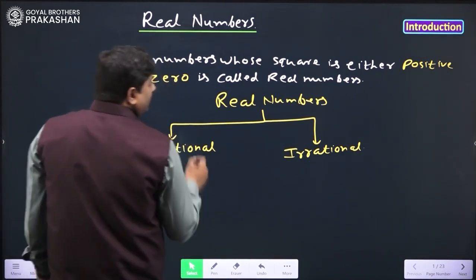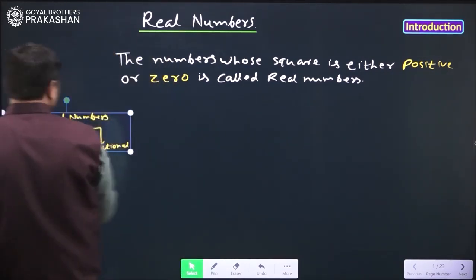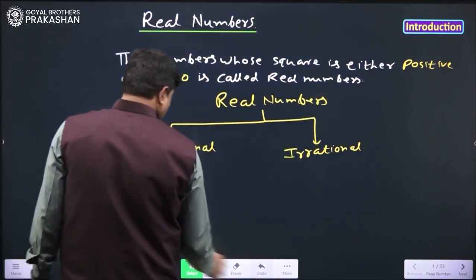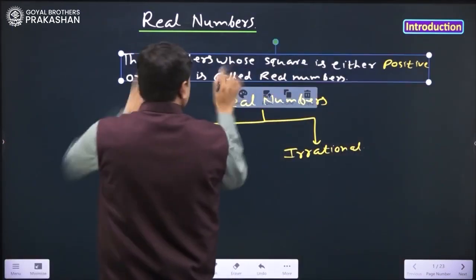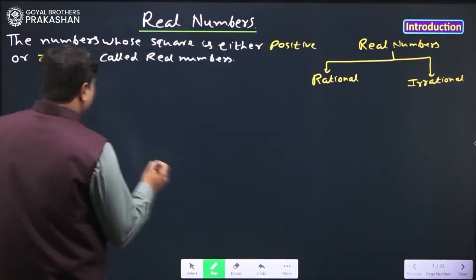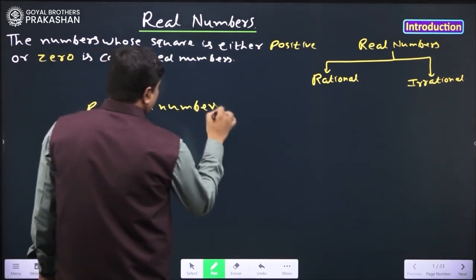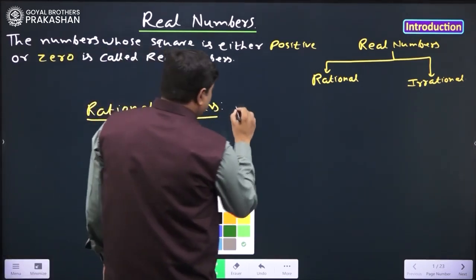So let me make some space here. Now, what are rational numbers?